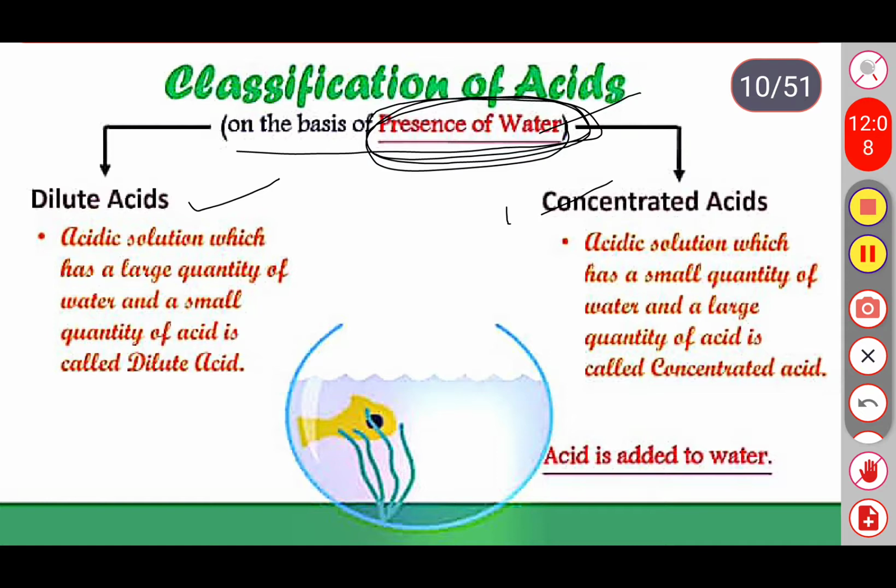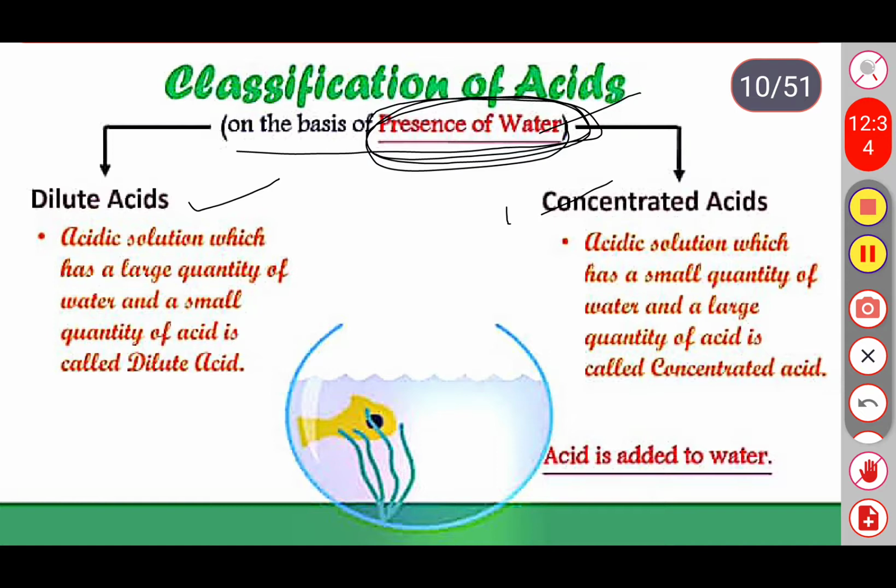Concentrated and dilute solutions of acids are generally used in laboratories. Let us see what these acids are. When the solution contains a large amount of acid, it is said to be concentrated acid.